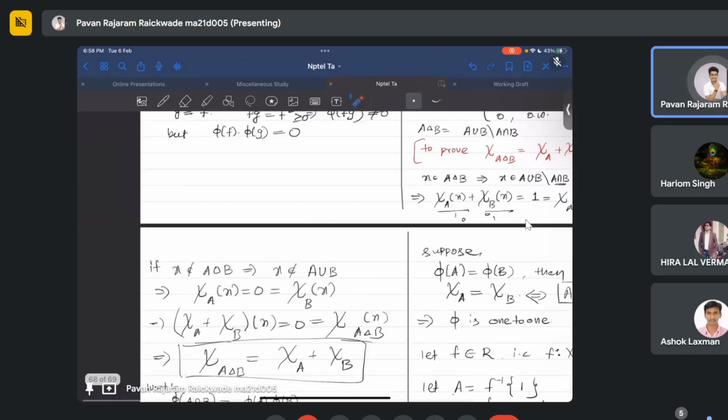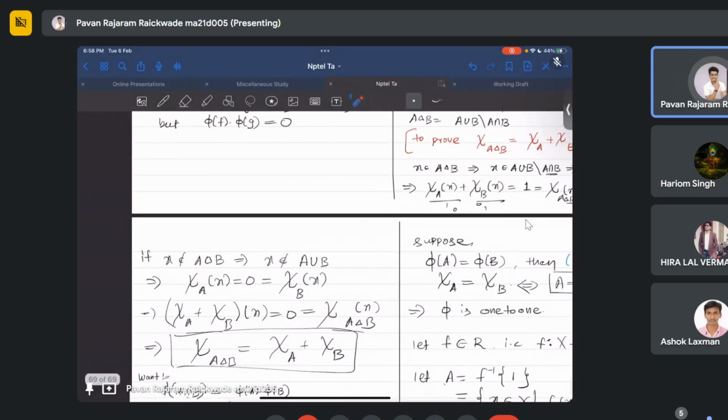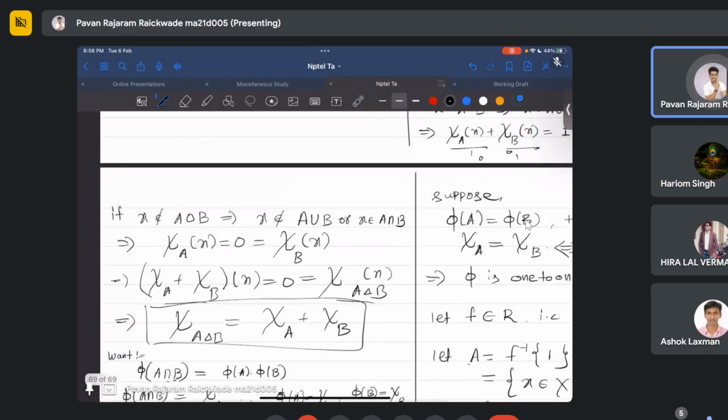If it is not in the symmetric difference, that means it is not in A union B, or, I missed one case, 1 minute, it is not in A union B, or it is in A intersection B. This is the other case.